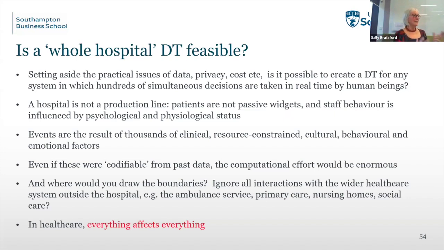I know that's probably true in manufacturing and transportation and other things, but in healthcare it's particularly the case and particularly complicated. So I'm not convinced you could ever have a full twin of a whole hospital.